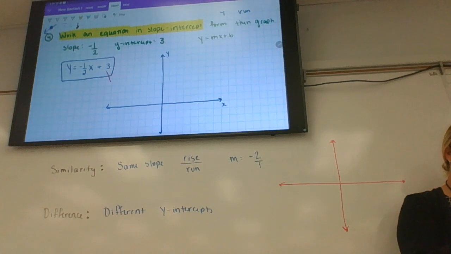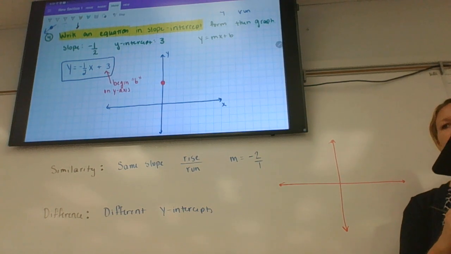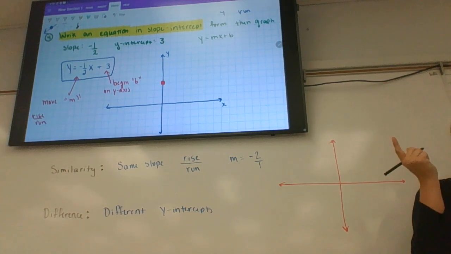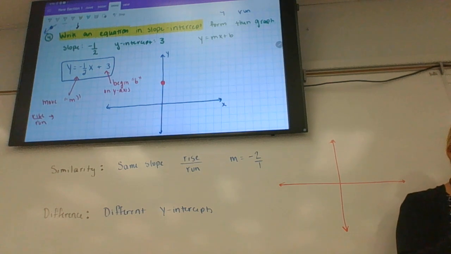Alright, so how do we graph this? Well, we're going to begin at B, on the y-axis. So we're going to start right here. Start at the 3. And then you move M. M's usually rise over run, but since we have a -1, I like to call it fall over run.